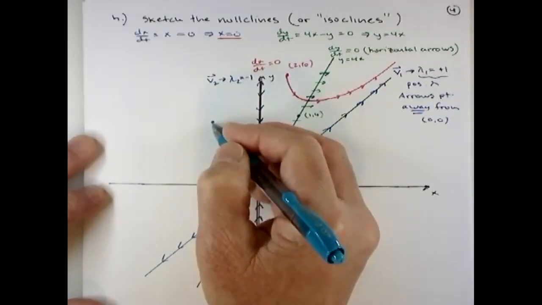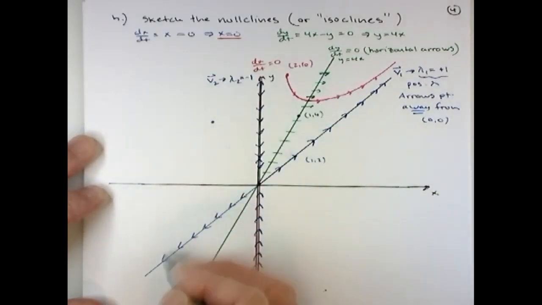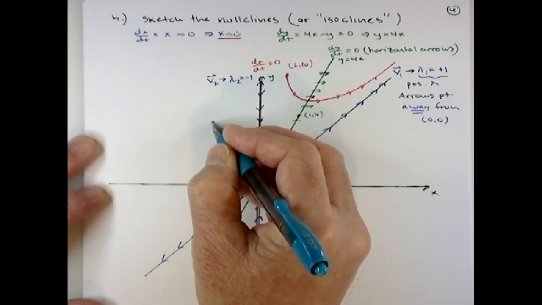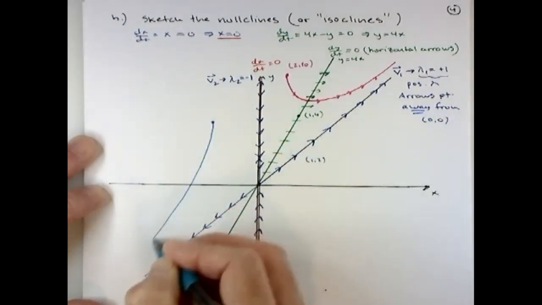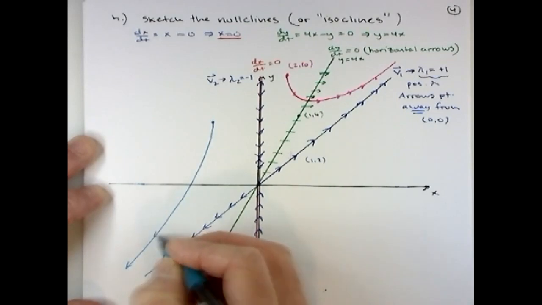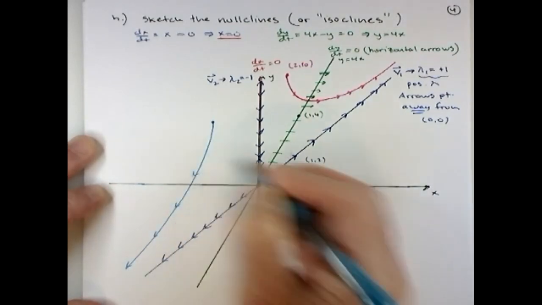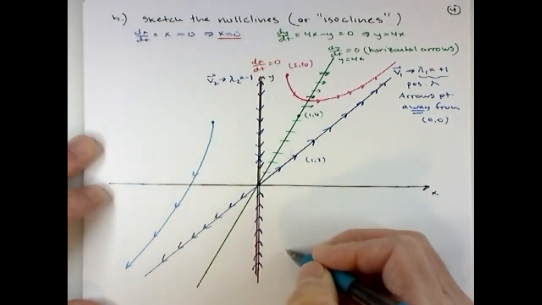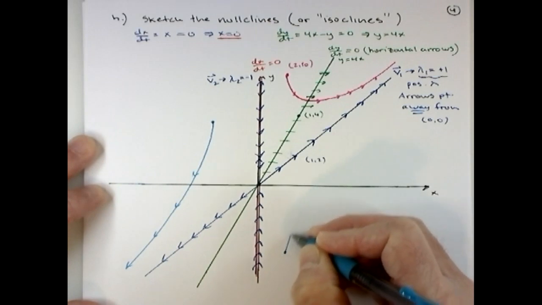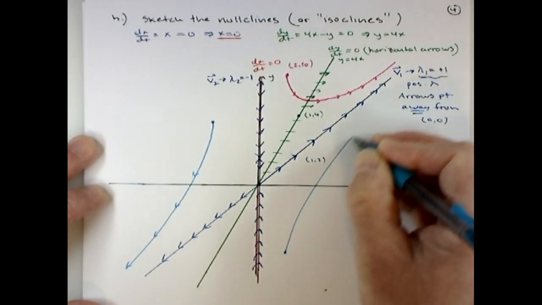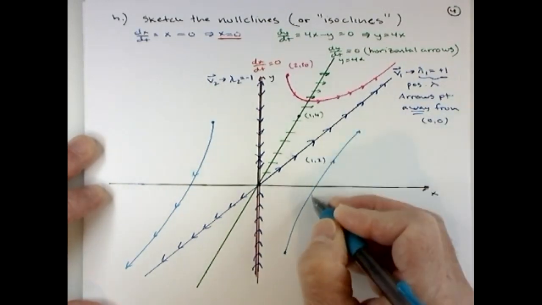These arrows would make it go down, and these arrows would make it go to the left. So you could expect a solution to go like this and go this way. If I had a solution here, it would go upward and then over, right? So my solution here would go something like that.